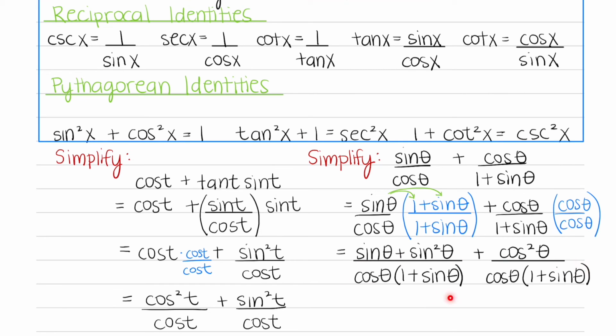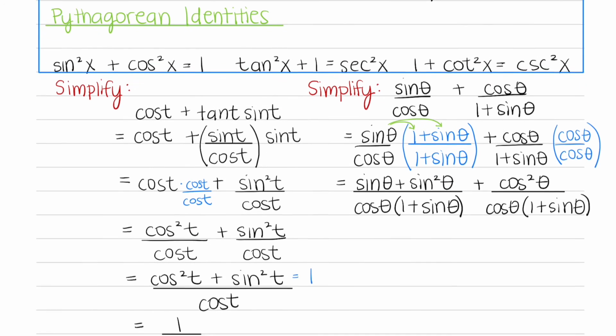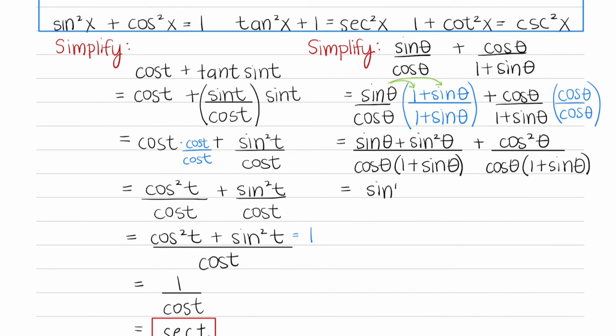Now that we have a common denominator, let's go ahead and add those numerators through. So we have sine theta plus sine squared theta plus cosine squared theta all over cosine theta times 1 plus sine theta.